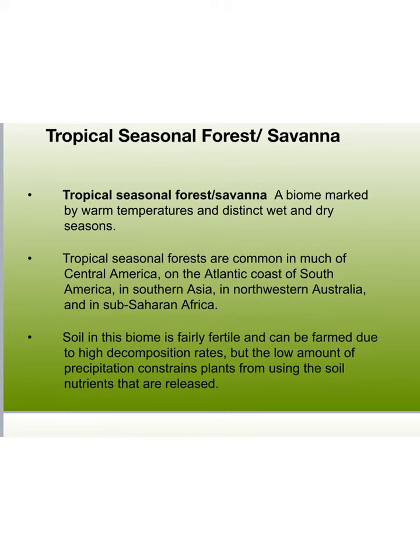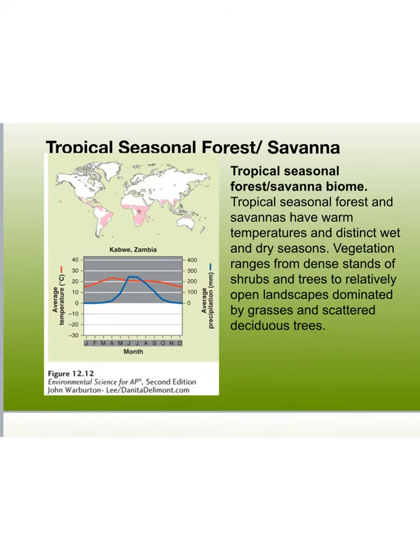Everything degrades really quickly, but the low amount of precipitation in the dry season does constrain some of the plant growth, but essentially the actual bank of nutrients in the soil is there. So when we look at the seasonal forest and savanna, temperatures are pretty constant throughout the year, and then there is a very definite wet season.